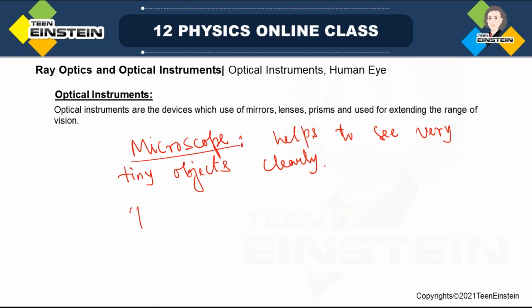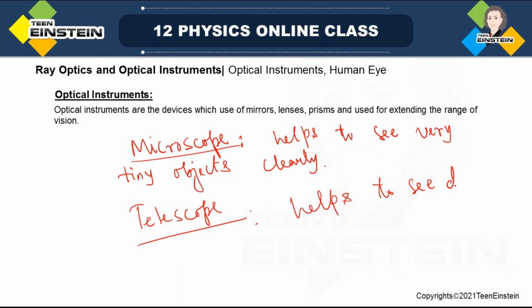And if I say telescope, it helps to see distant objects.